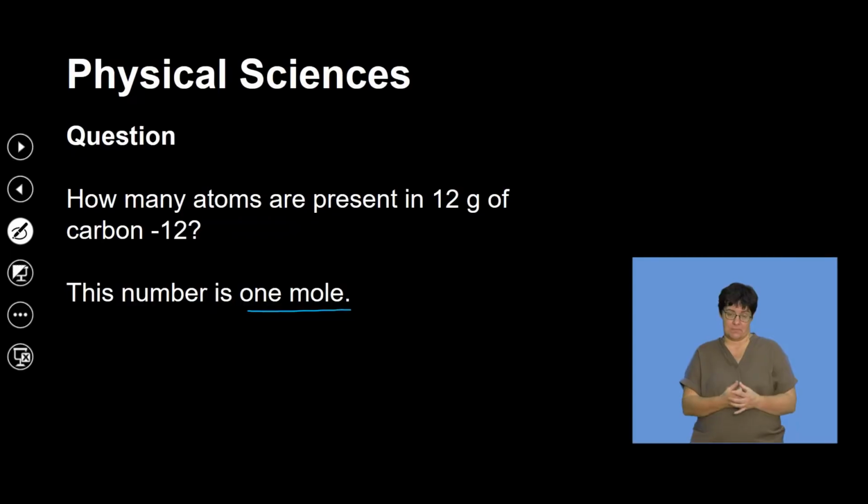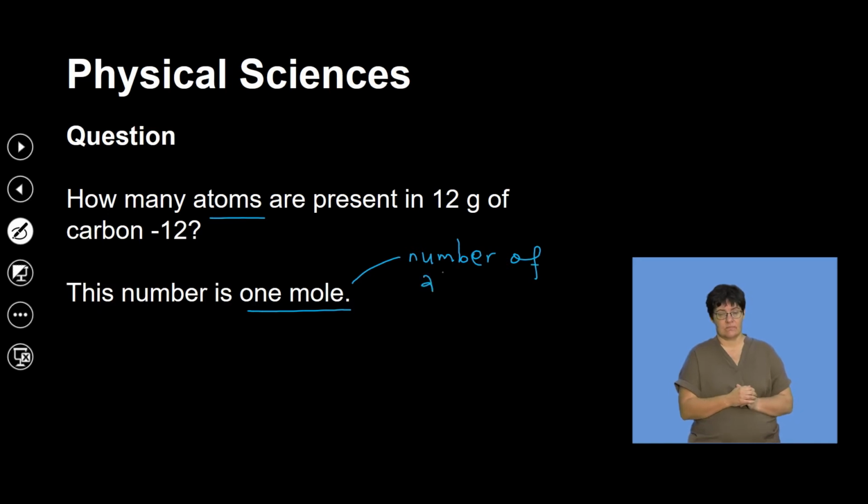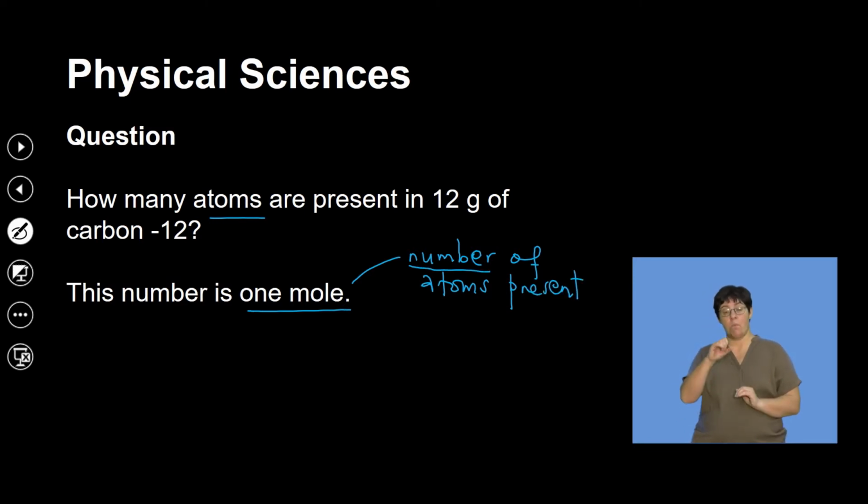How many atoms are present in 12 grams of carbon-12? This number is 1 mole. The number of atoms is equal to 1 mole. So 1 mole is the number of atoms present in this case. The emphasis is that a mole is a number.